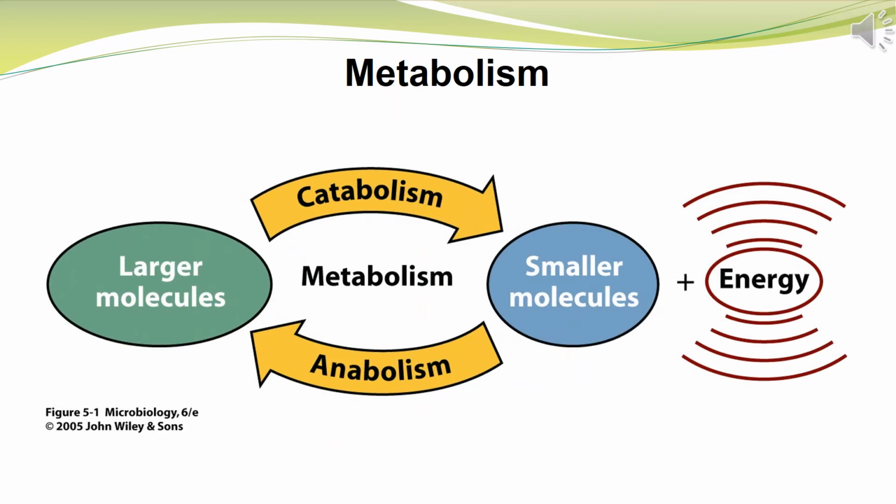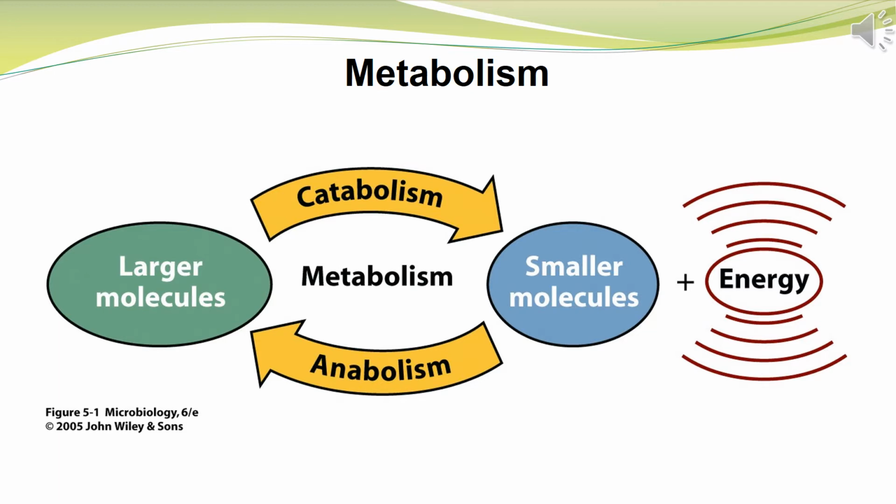And here's a picture that displays metabolism. And metabolism we'll define here as the process by which an organism either breaks down or builds up its own nutrients. So this can be divided into two parts. Catabolism is where these materials are broken down.